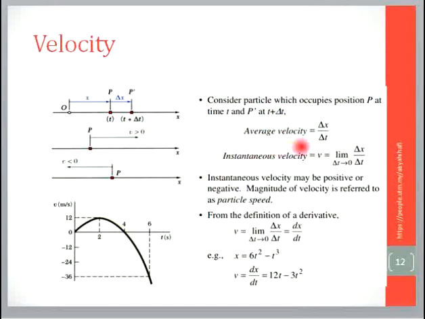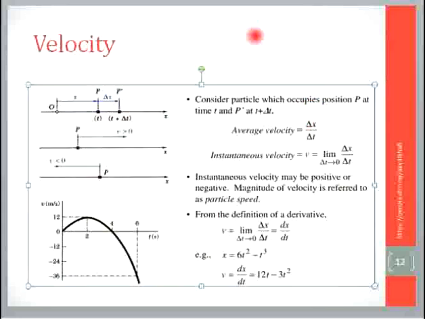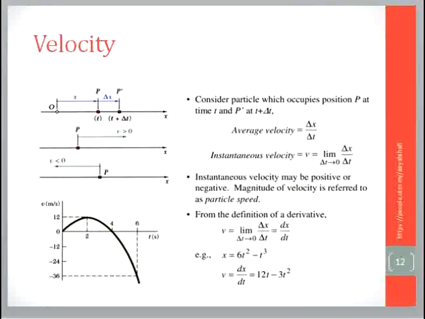The average velocity is the total displacement over time, but the instantaneous velocity is delta x over delta t. This can be positive or negative. The magnitude of velocity is referred to as the particle speed.